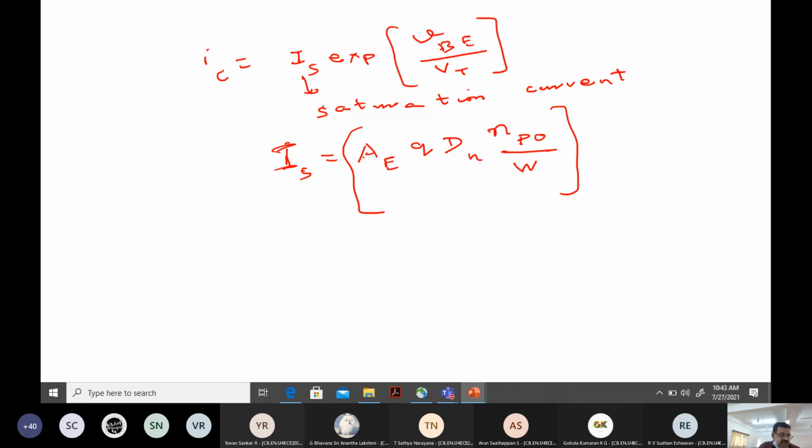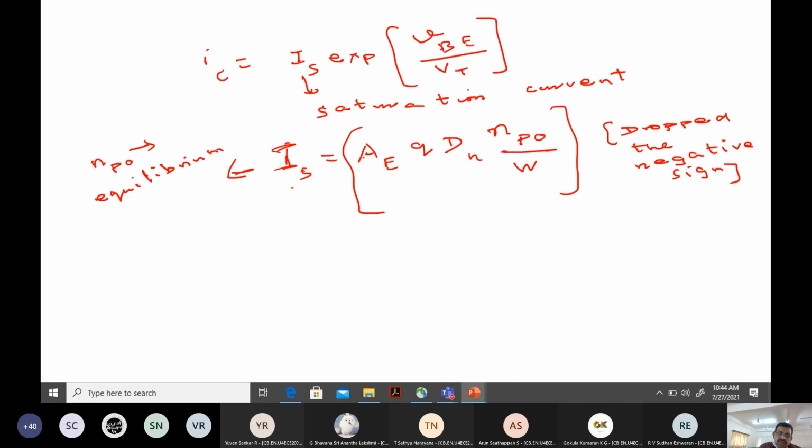I have dropped the negative sign here because we take the collector current to be positive. Therefore we get np naught by W times IS. This is the saturation current. np naught, as you know, is the equilibrium electron concentration in the base region.